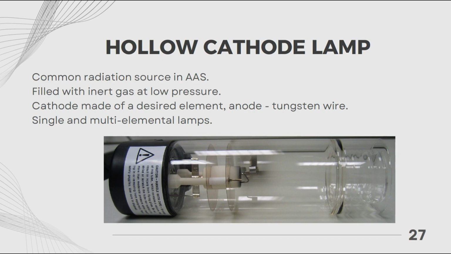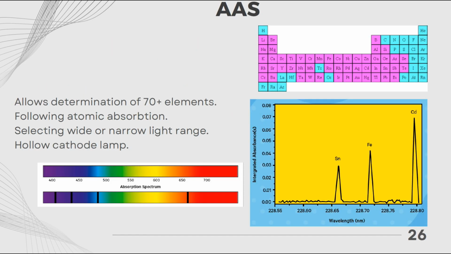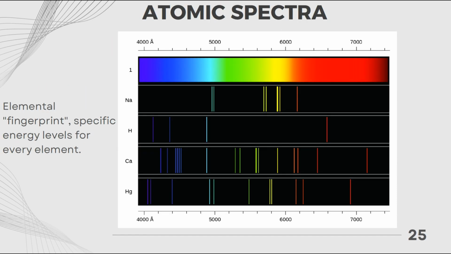And these atoms release some specific wavelength. Just imagine that we have a sodium cathode lamp. Yeah, it means that our cathode will be made of sodium, and after applying voltage, it will release this specific wavelength of radiation.